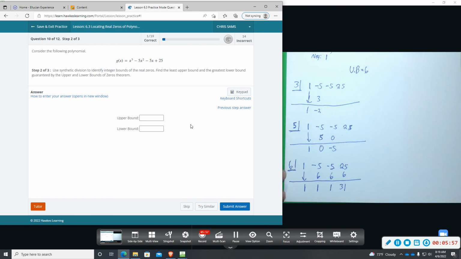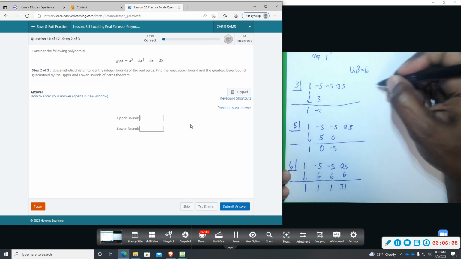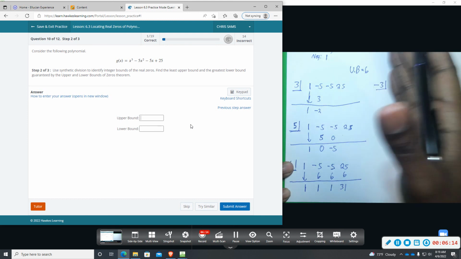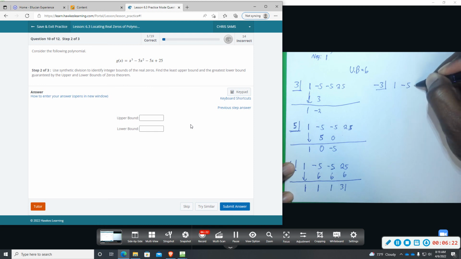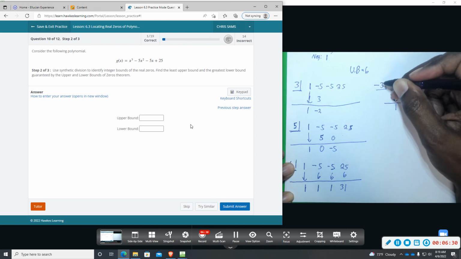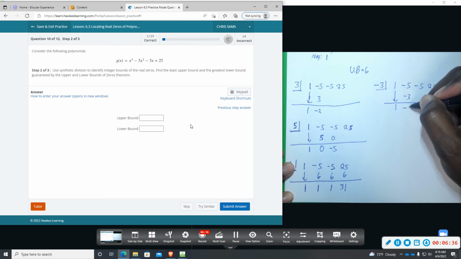And now we're going to try to find the lower bound. So the lower bound has to be a negative number. And again, I might just start out with 3, but I'm going to do negative 3 because it has to be negative. And what you want is your signs to alternate and change signs each time. So 1, negative 5, negative 5, and 25. For my coefficients, bring down 1, and then we're going to do negative 3 times 1, negative 3. Combine, and we get negative 8.